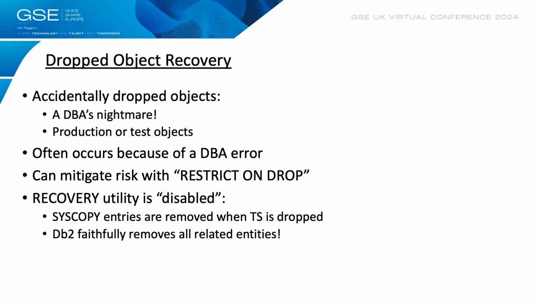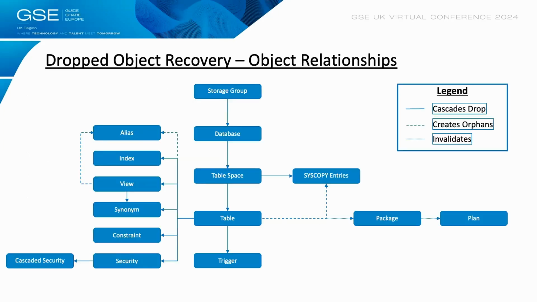SYSCOPY entries are gone, and all related objects are gone. As you can see on this slide, it depends on where you drop. If you drop the table space, you're going to get rid of SYSCOPY entries. You're going to get rid of the table, which is going to get rid of the triggers, which is going to get rid of aliases, indexes, and so on. And then all the security is cascaded down.